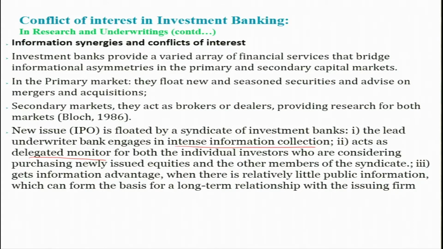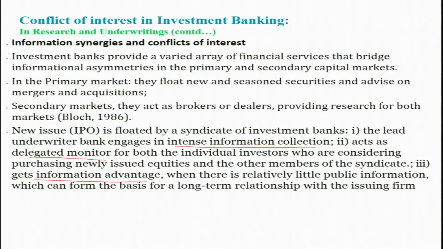for both the individual investors who are considering purchasing newly issued equities and the other members of the syndicate. The lead delegated monitor, that is the lead underwriter bank, gets an information advantage compared to others, because when an IPO or a new security is issued, there is relatively little public information, as you know.